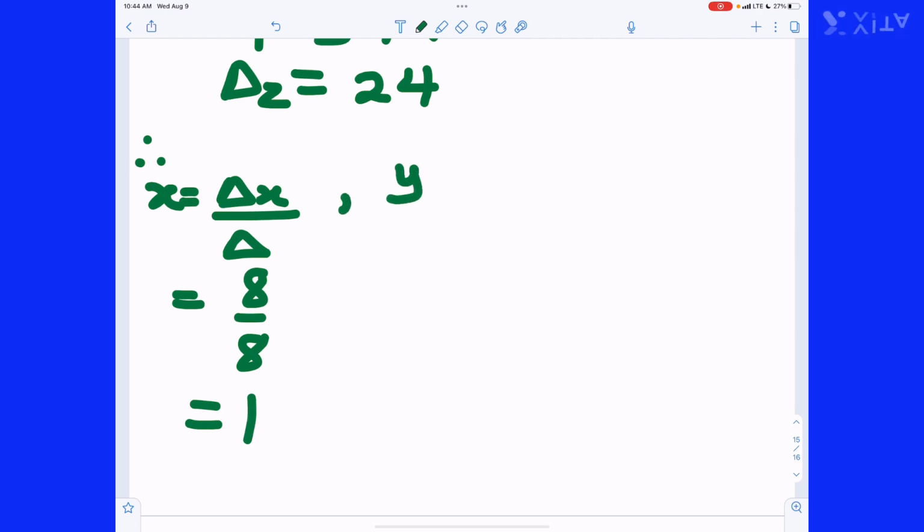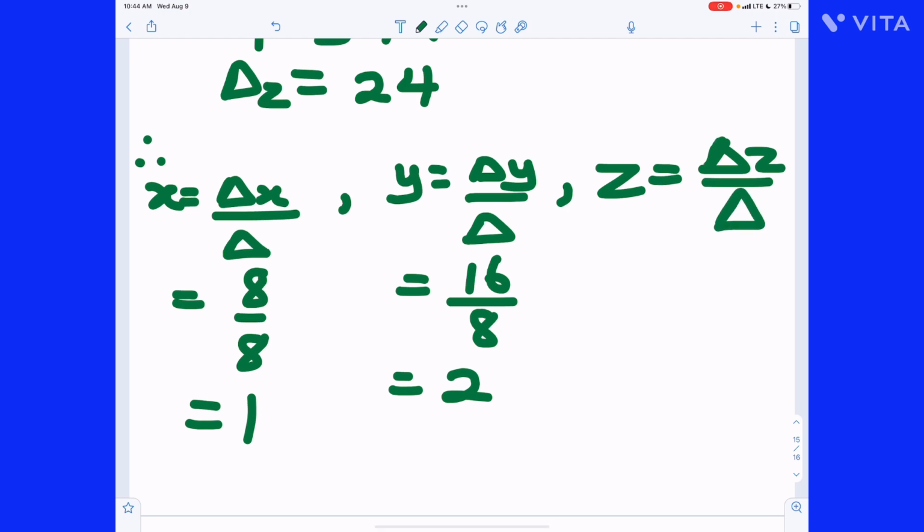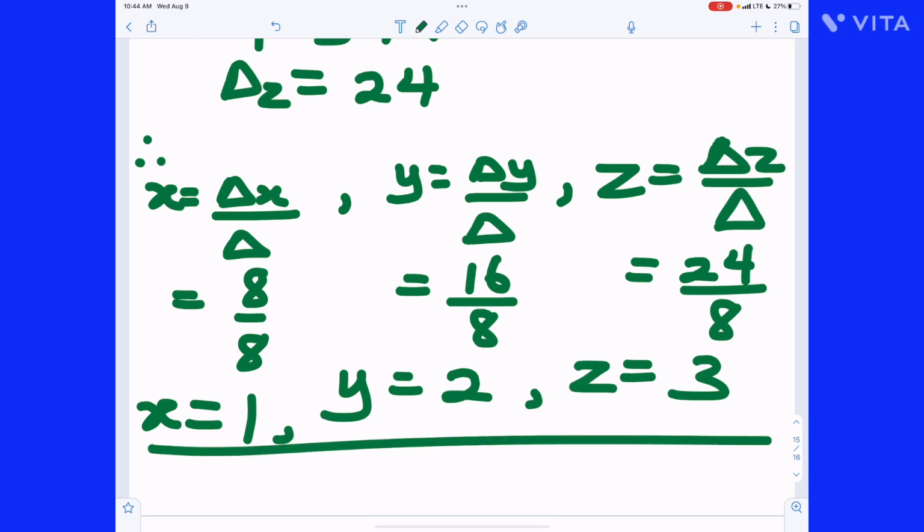Also, y is delta y over delta, which is 16 over 8, which is 2. z is delta z over delta, and that's 24 over 8, which is 3. So x is equal to 1, y is equal to 2, and z is equal to 3. That's the solution of my simultaneous equation.